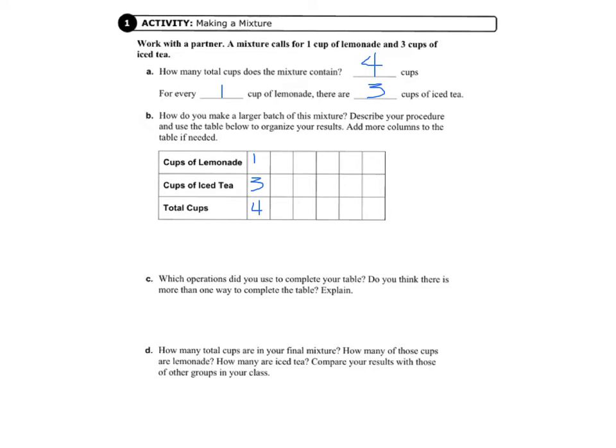If we're going to use 2 cups of lemonade, then that would give us 6 cups of iced tea, which would give us a total of 6 plus 2 is 8 cups of the mixture.